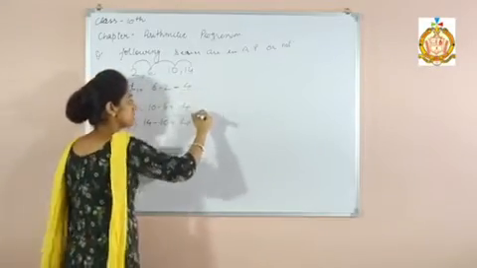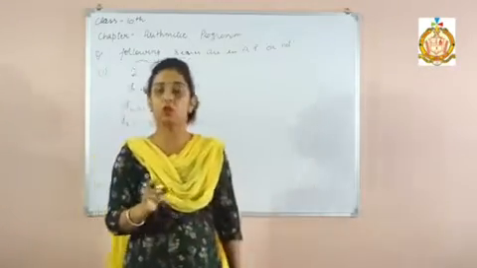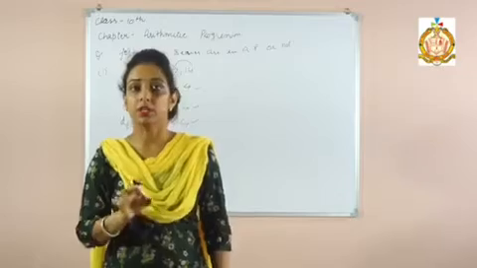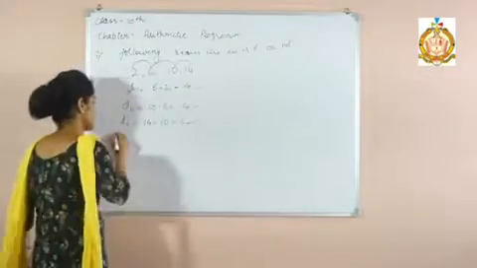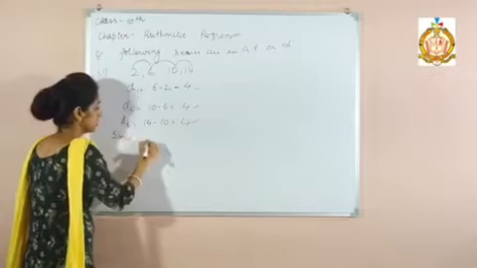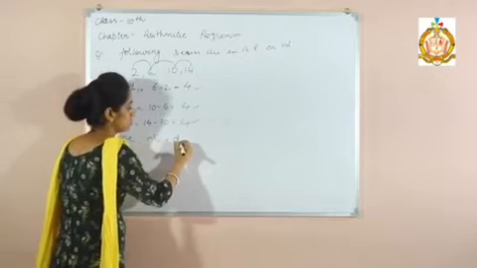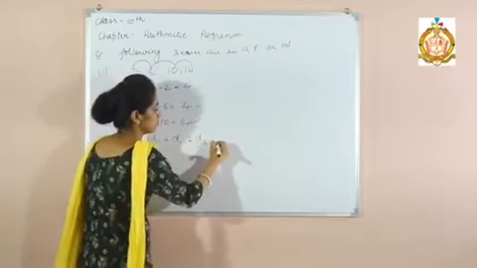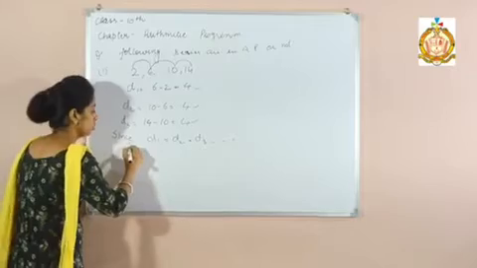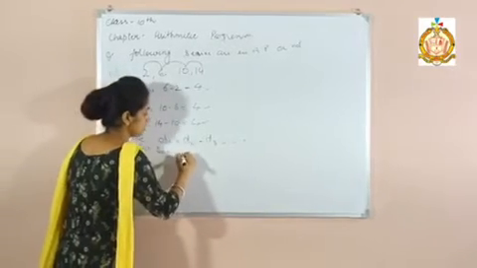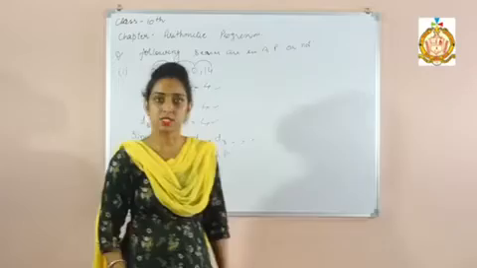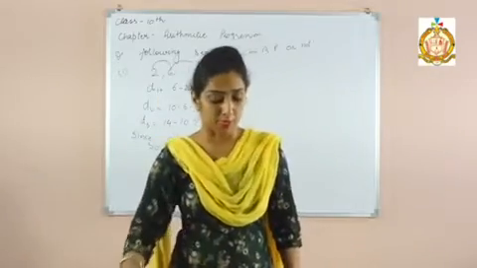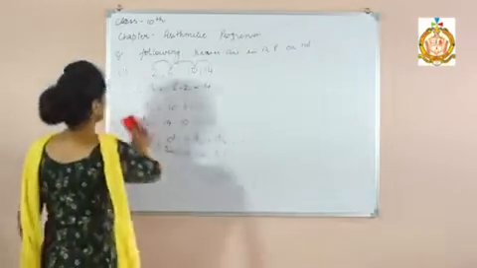So the difference is the same. If the common difference is the same, then it is a series of AP. Since d1 equals d2 equals d3 and so on, the sequence is in AP. Now see question number 2.